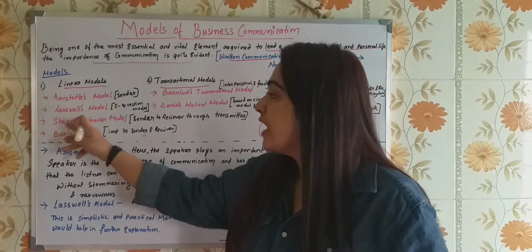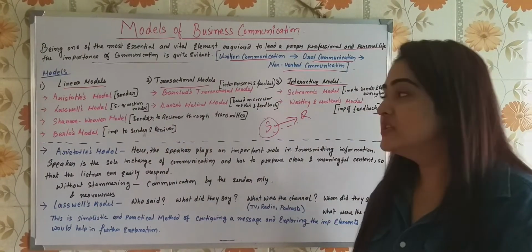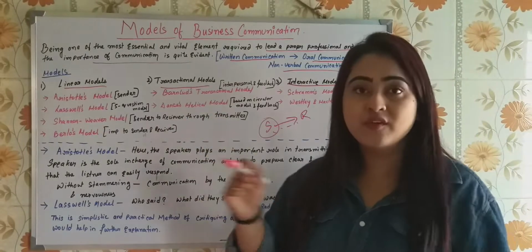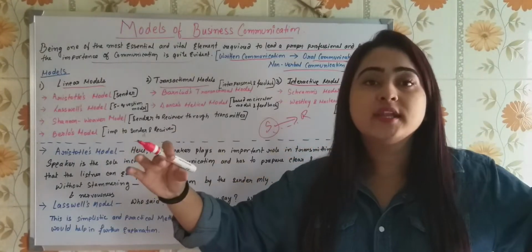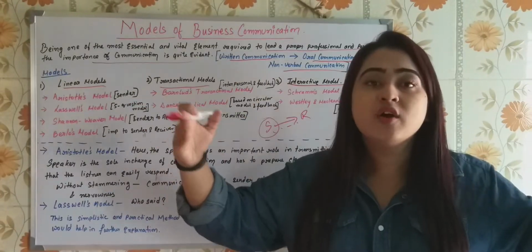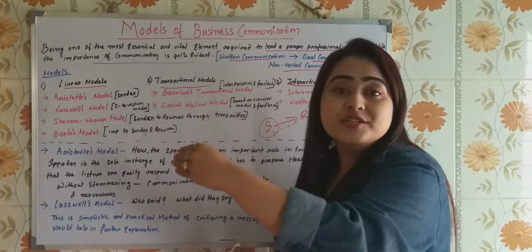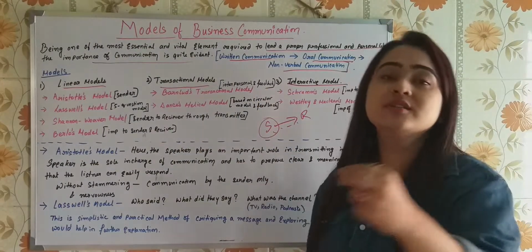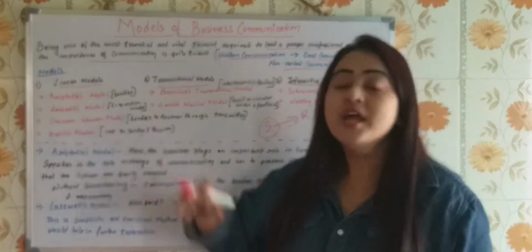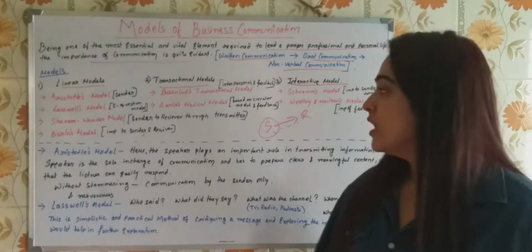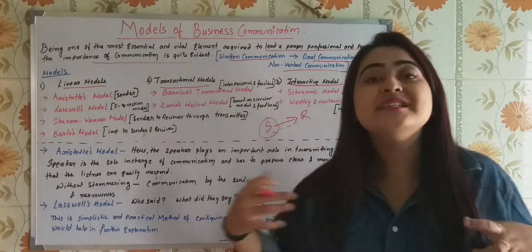Next we have the Shannon-Weaver model. Under this, we see the whole chain from the sender to the receiver. Now there are many transmitters. So the transmitters play an important role in the Shannon-Weaver model. Transmitters are mediums.